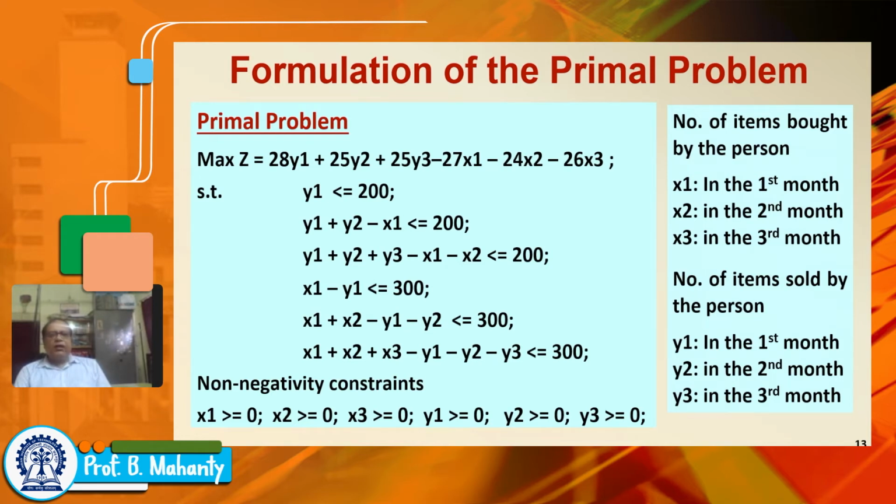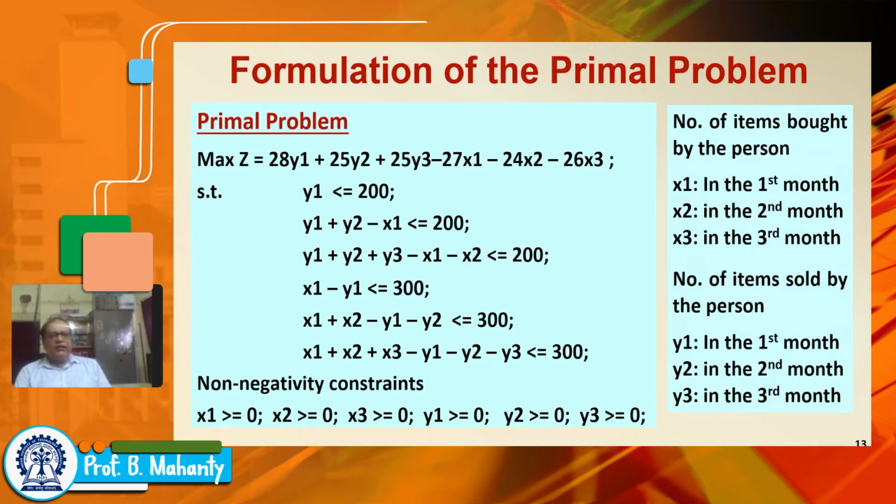All right. So what should be the objective function of this dual problem? It is 200 within bracket u1 plus u2 plus u3, and plus 300 within bracket v1, v2, v3. That should be the objective function, and it should be one of minimization. Now, since all the constants are non-negative, in the dual problem all the constraints will be greater than or equal to type.